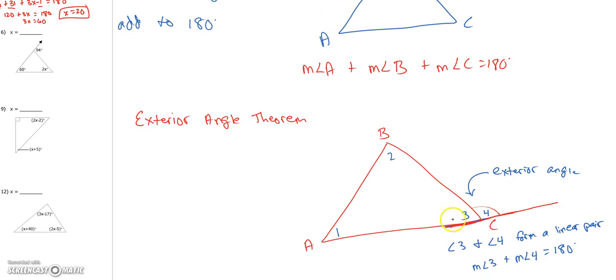The angle that forms a linear pair, we're going to ignore for right now, but let's look at these other two angles, angle 1 and angle 2. When I'm talking about angle 4, angle 1 and 2 are considered remote interior angles.